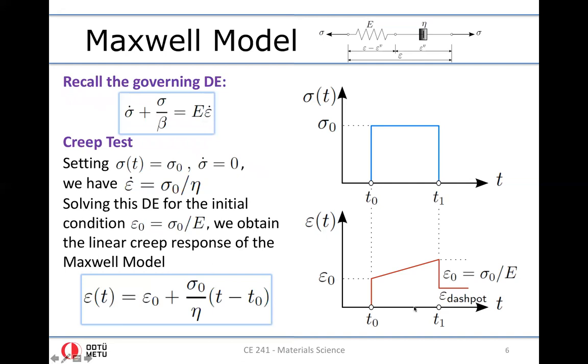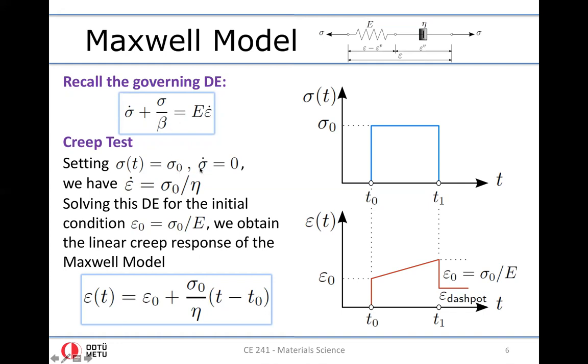So this can be derived mathematically as follows. In the creep test, you have the stress function between t0 and t1 equal to sigma 0. It's constant. Therefore, the rate of the stress is equal to 0.